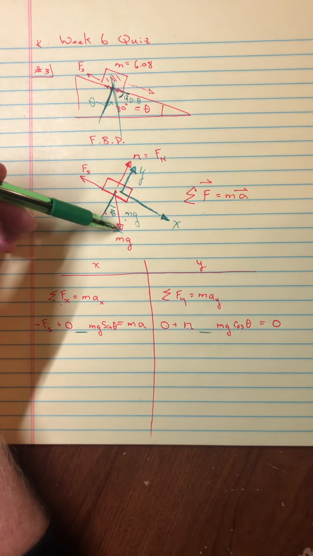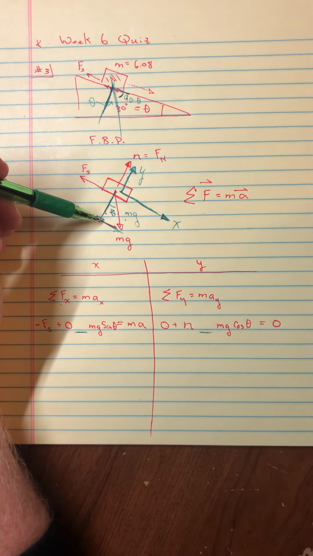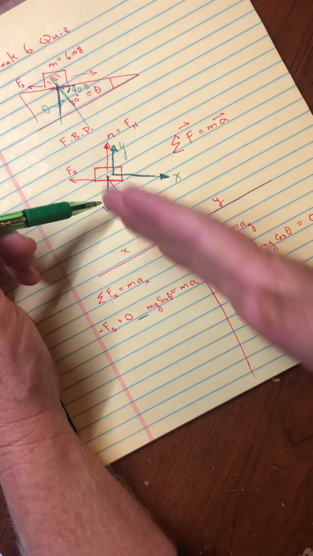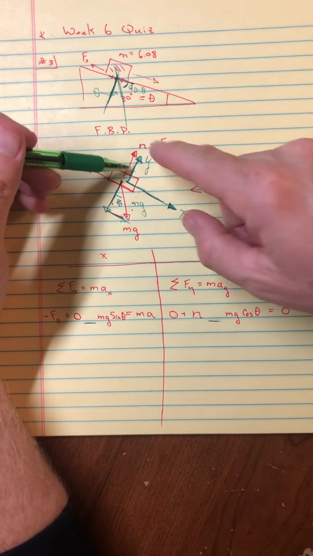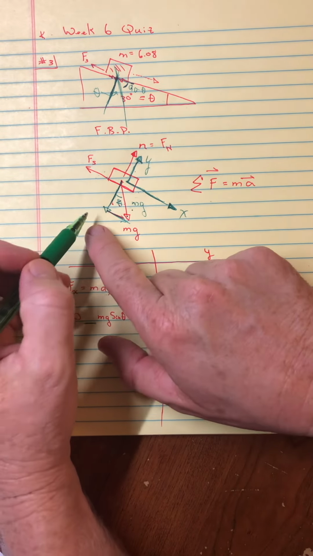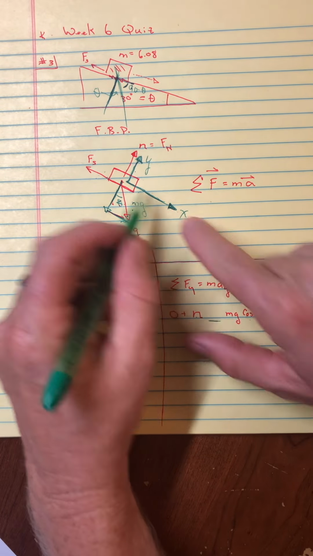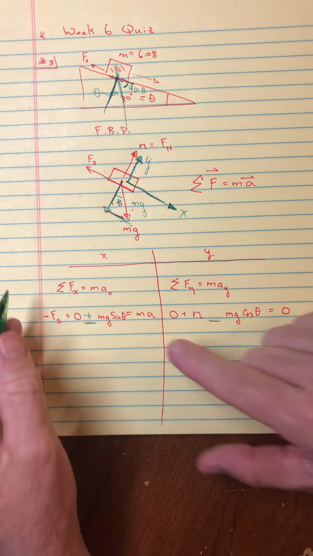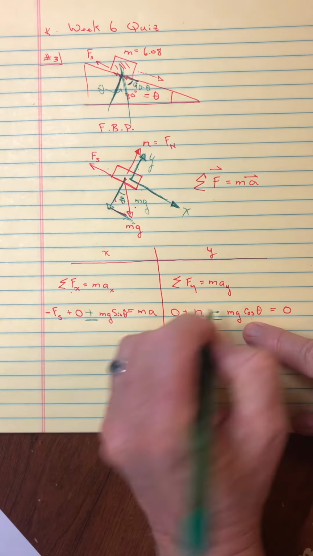If you look at this vector, it is down in the sense of a grid in the traditional direction, but it would be down and then to the right. So as far as the x direction goes, it's in the positive direction. As far as the y direction goes, it's in the negative.